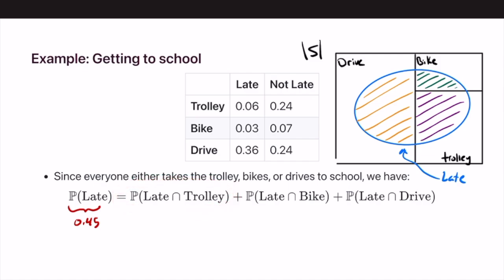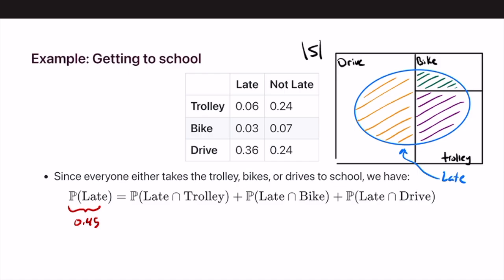The probability of late and taking the trolley means we're already in the circle, and we took the trolley, so we're in this box. What we're looking for is the intersection between late and trolley, which is this area right here.